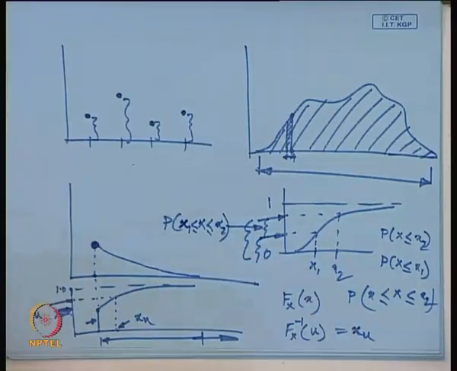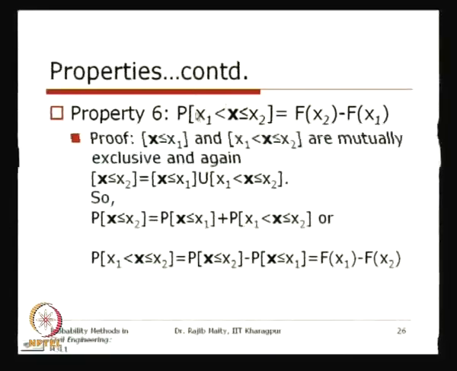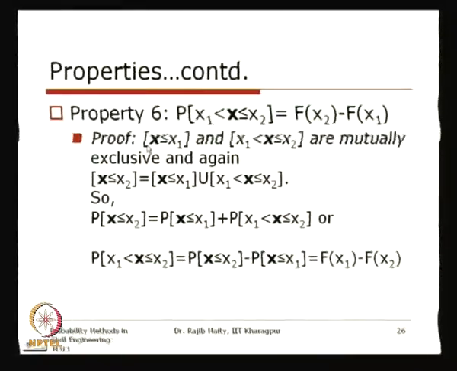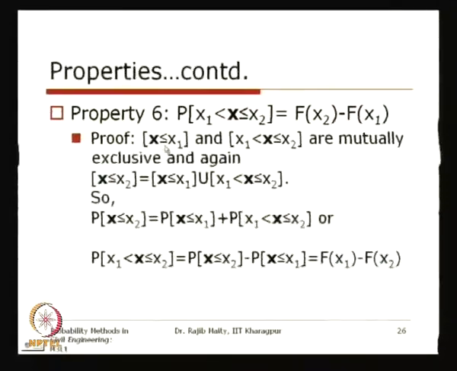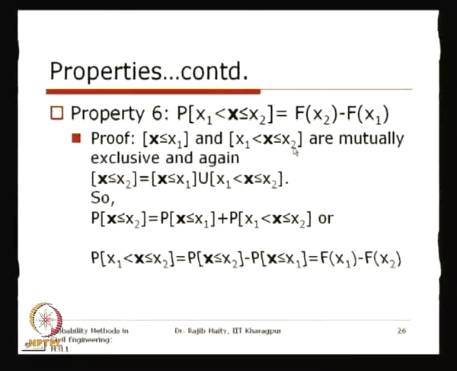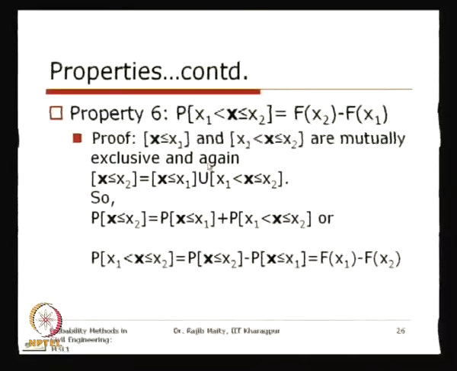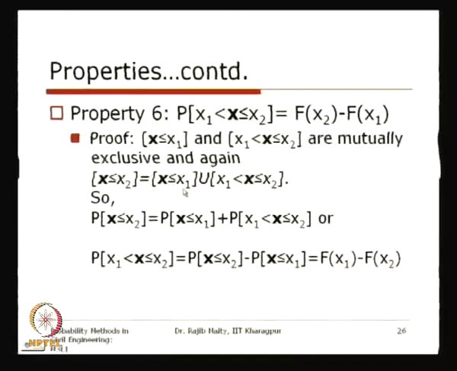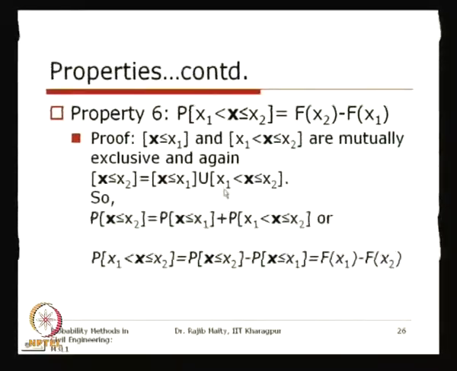So, this is how we get the probability for a range. The proof says that X less than or equal to x1 and x1 less than X less than or equal to x2 are mutually exclusive, and X less than or equal to x2 is equal to X less than or equal to x1 union x1 to x2 range.